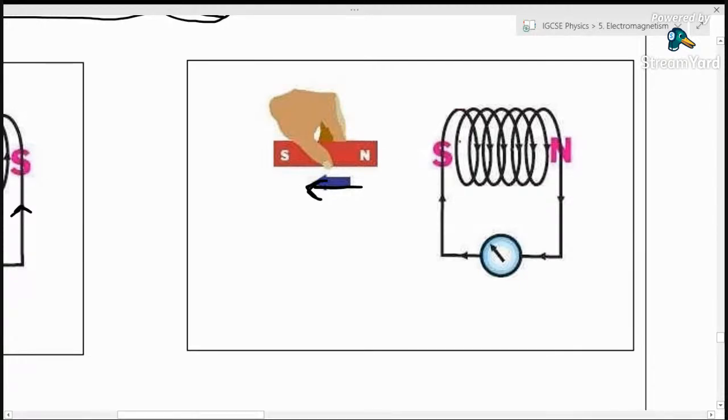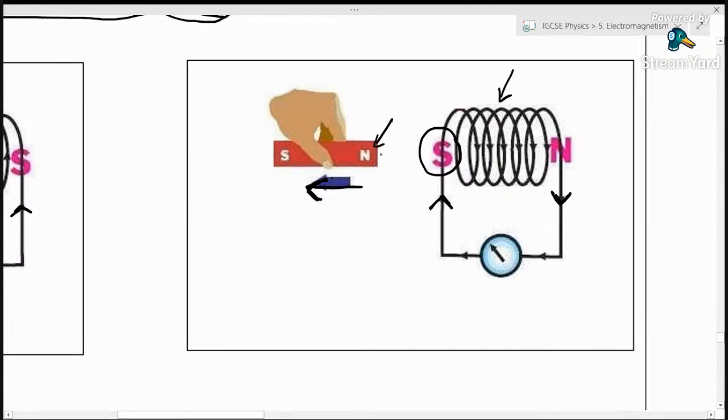The current that gets induced in this wire now, because these coils are cutting field lines that are moving away from them, in this case a north is moving away, will be such that it creates a south pole at this end to try to stop this north from moving away.